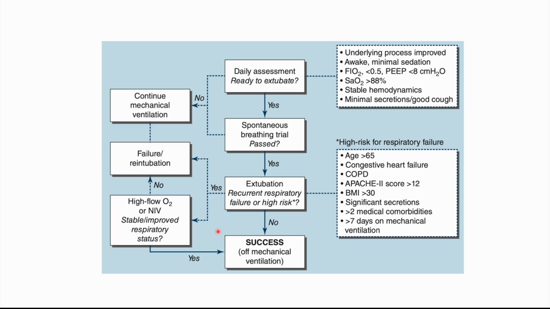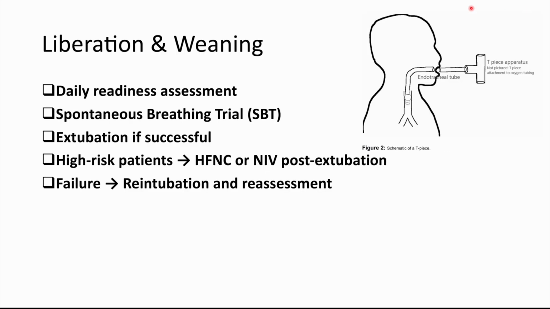One method is the T-tube trial, which I have shown in the previous slide. The patient breathes spontaneously through the T-piece connected to oxygen, without ventilatory assistance, usually for 30 to 120 minutes. If they tolerate it without distress, they are ready for extubation, and that's how weaning is done.